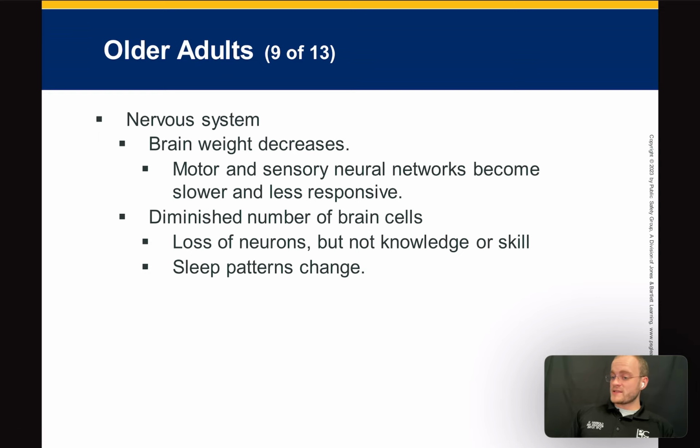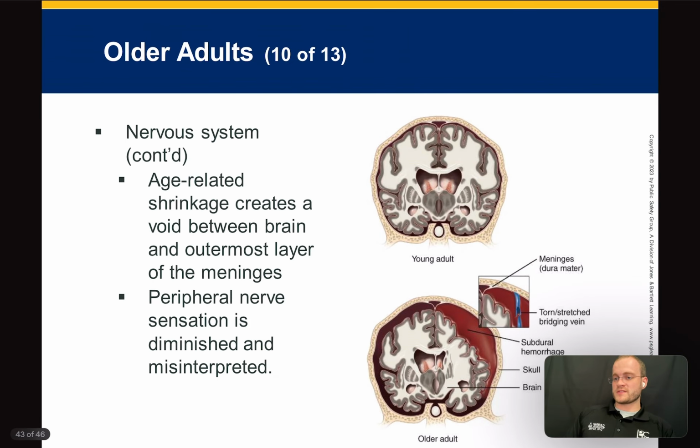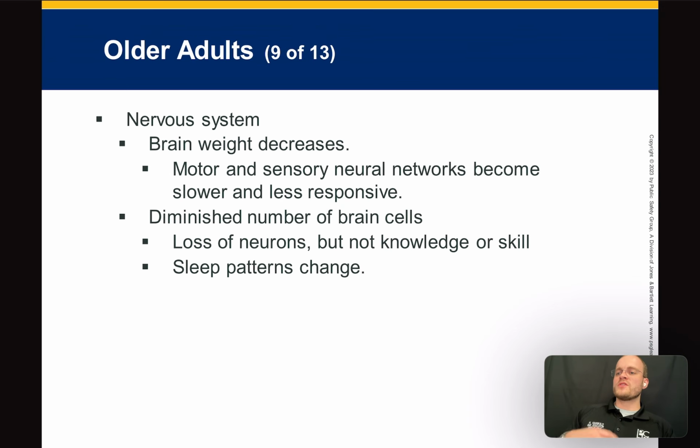Now, the brain decreases in weight and size, and we're going to talk about this on this next slide. So the motor and sensory neural networks become slower and less responsive. So, for example, if I were to push you, 28-year-old student, onto the floor, you're probably going to make a couple trips and try to catch yourself, okay?